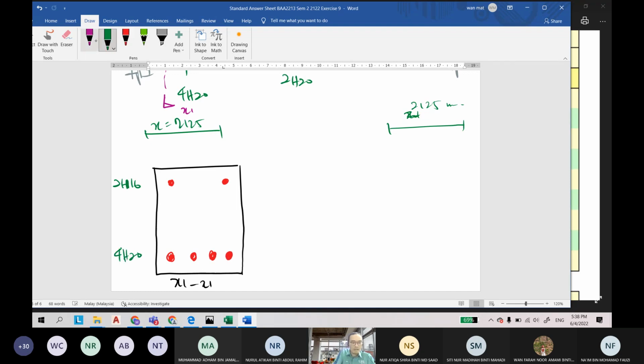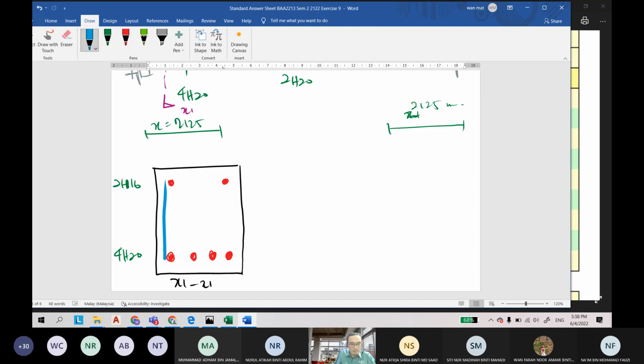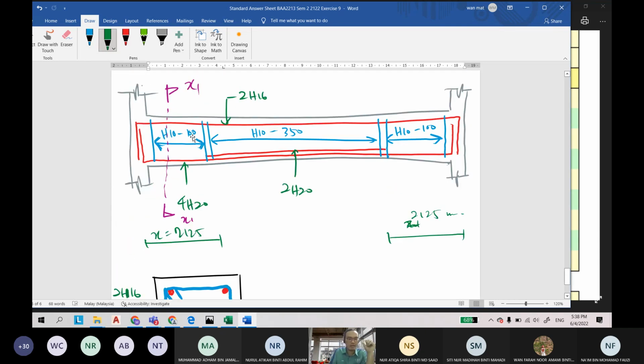And as the shear reinforcement, this is your shear reinforcement loop, H10 100.